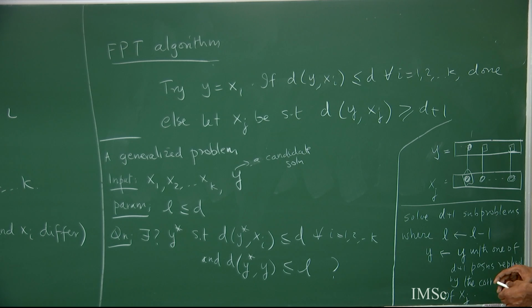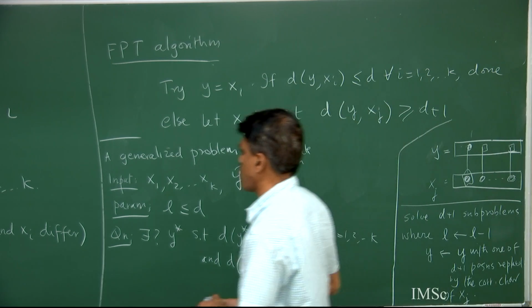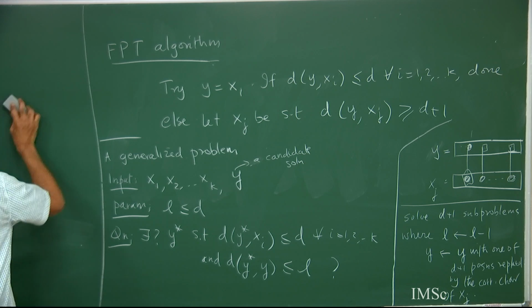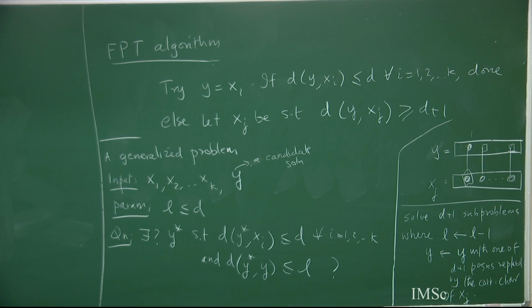And what would be the end condition, or tail condition? When L is 0, what happens? How do you solve this problem when L is 0? That is it exactly, right.